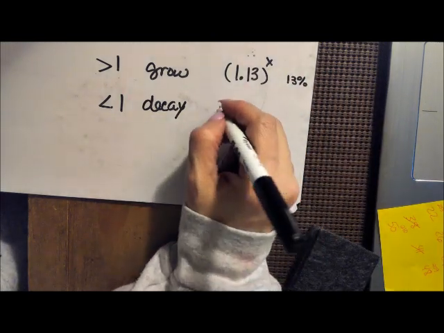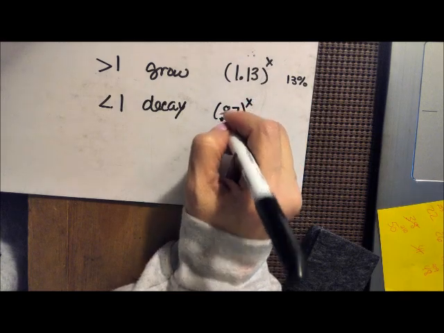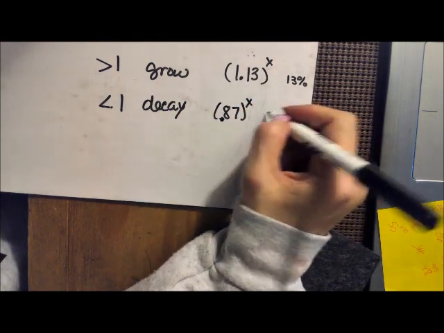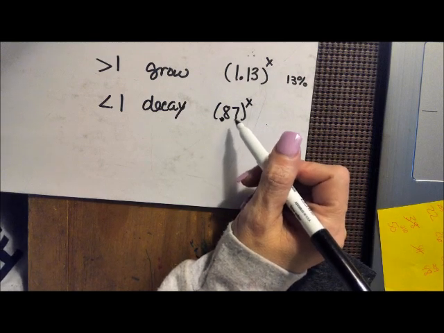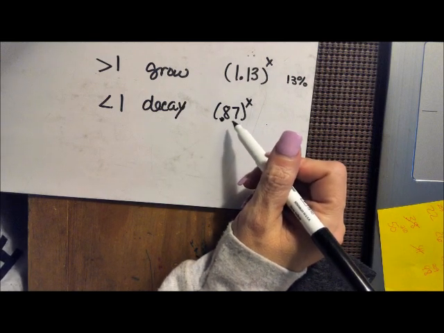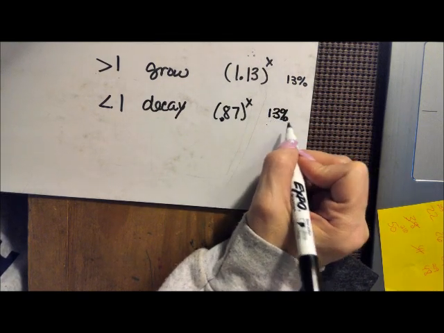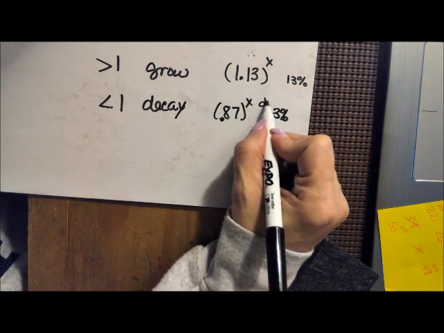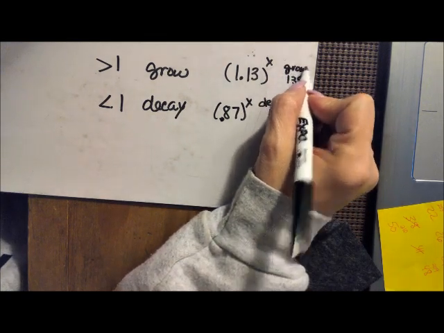The flip side of that is if I see 0.87 to the x power, that's less than 1. That means I'm decaying. I'm only growing 87% every year, which really means I'm not growing 100%. I'm decaying away. I'm decaying by 13%. So this is a 13% decay. This is a 13% growth.